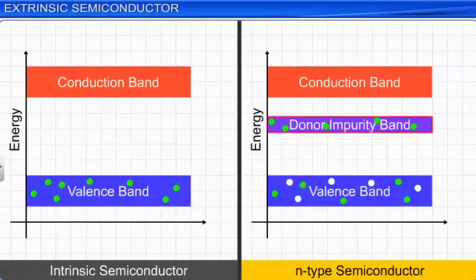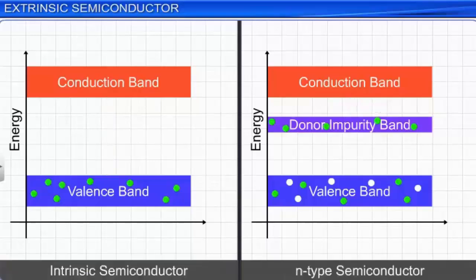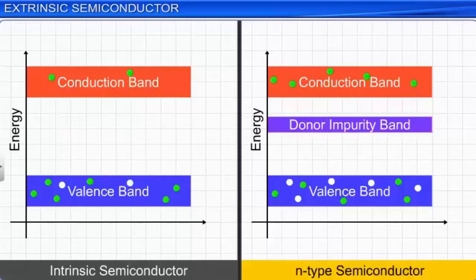Thus, electrons can jump to the conduction band by covering a smaller energy gap as compared to an intrinsic semiconductor. Free electrons released by donor impurity atoms in an N-type semiconductor can move from the donor impurity energy band to the conduction band even at room temperature.